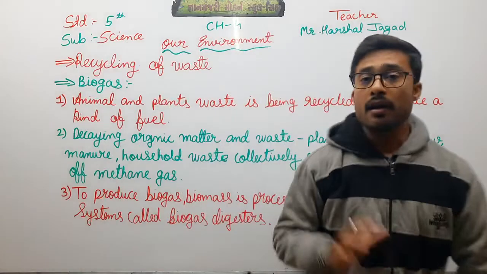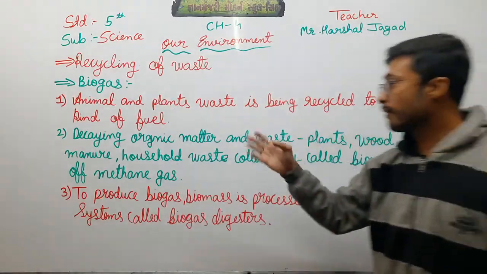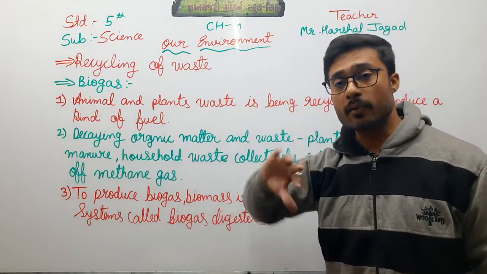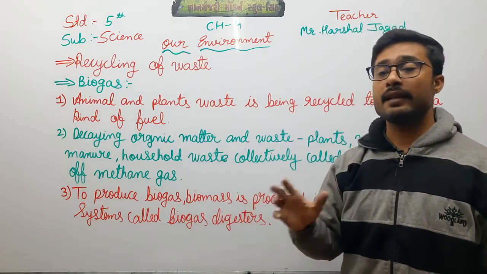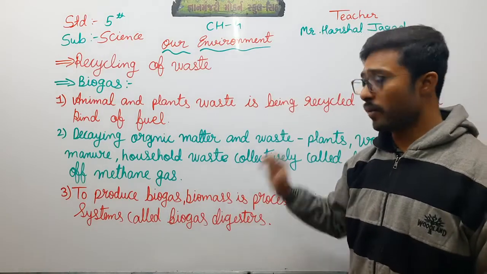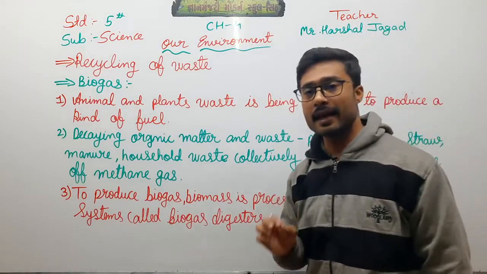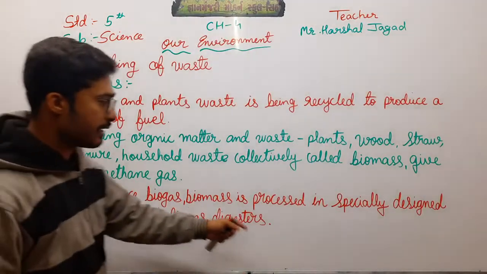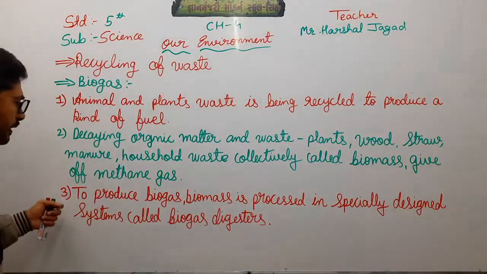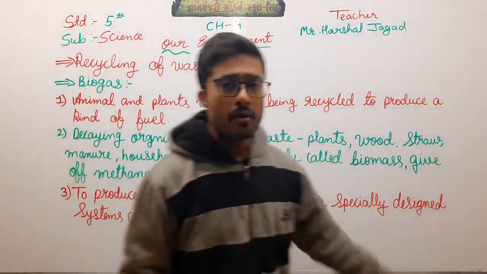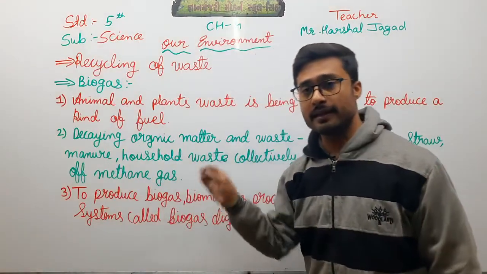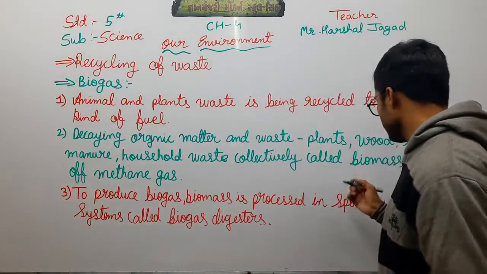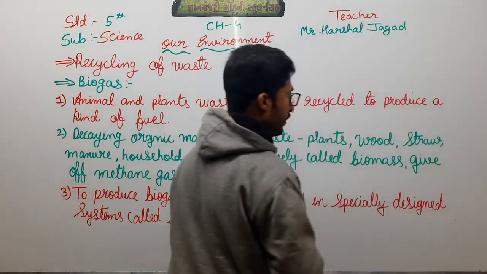So the organic matter and organic waste which produce methane gas is put in a specially designed digester known as the biogas digester.